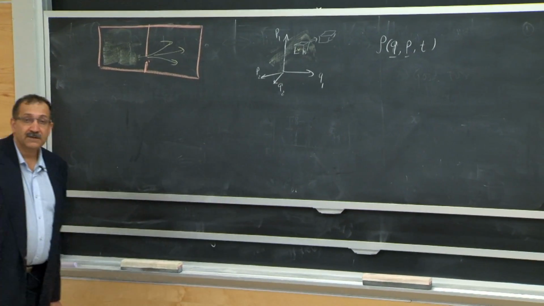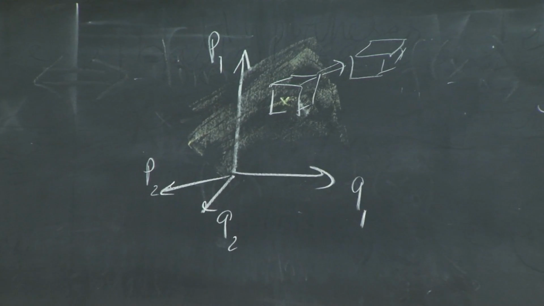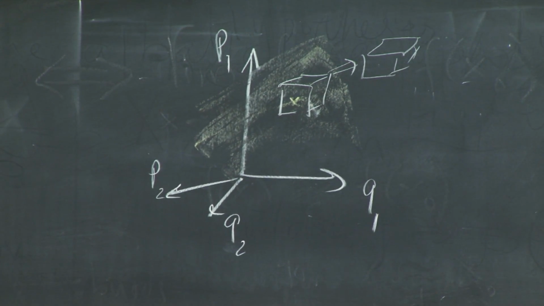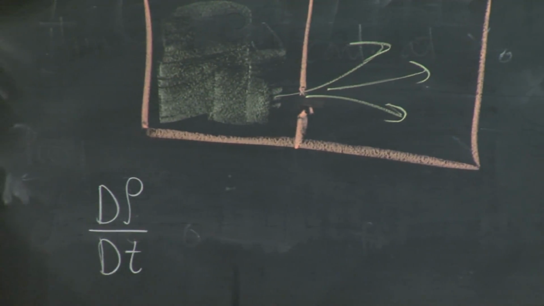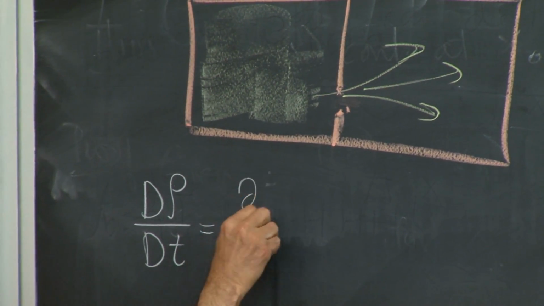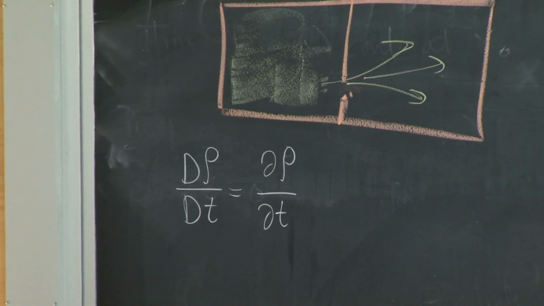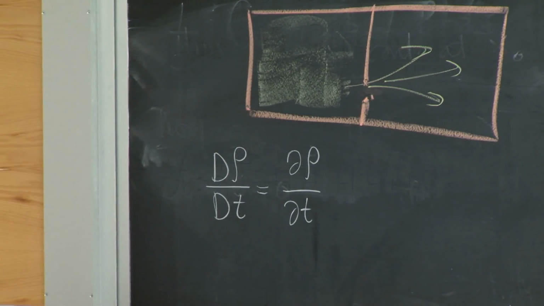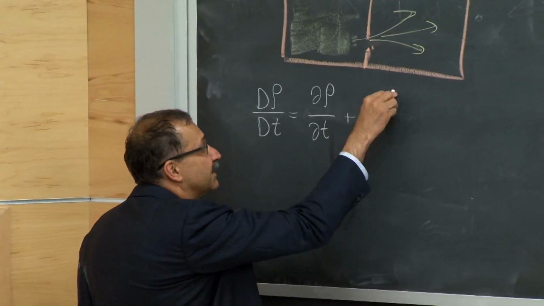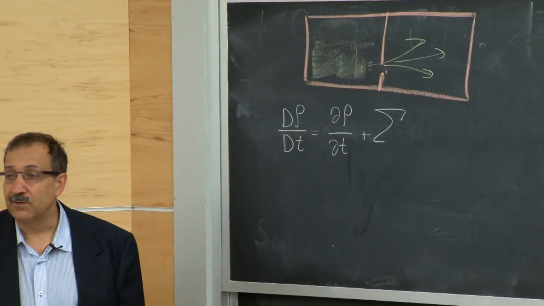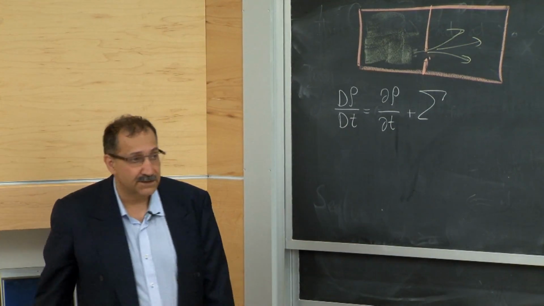And essentially then we are following a kind of evolution that goes along the streamline, and basically the derivative that we are going to look at involves changes both explicitly in the time variable and also implicitly through the changes of all of the coordinates and momenta according to the Hamiltonian that governs this system.